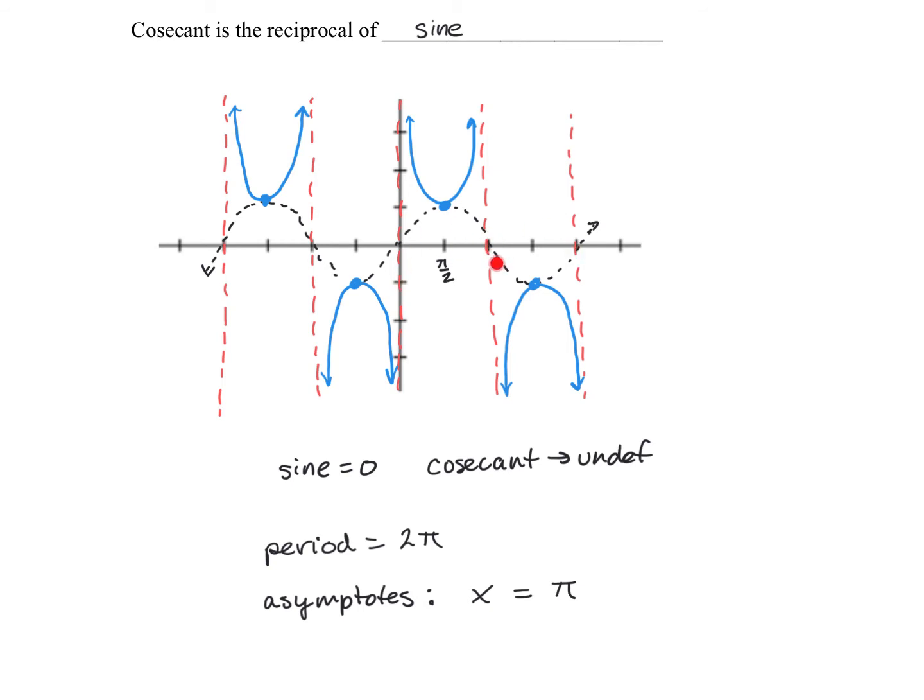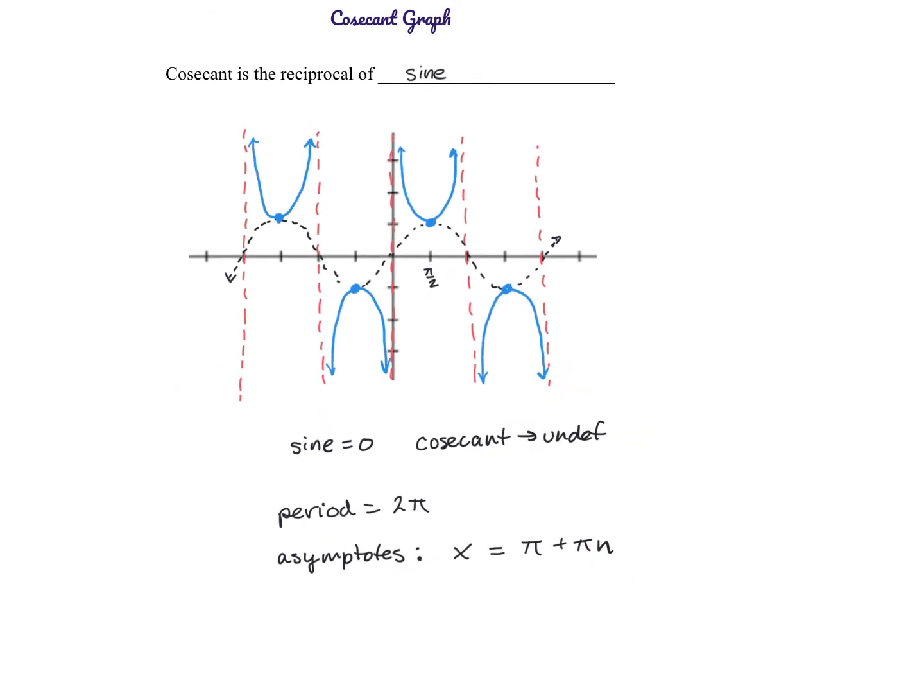Remember, it repeats twice every period, so every half a period. Then we say plus pi n, where n is any integer. This would add any multiple of pi, which would describe all of these repeating asymptotes infinitely. But we could name it in any way. We could say negative pi plus pi n. We could even say 0 plus pi n, so we could just say pi n, and that would describe every asymptote that exists.